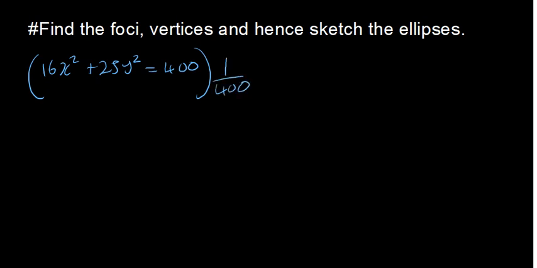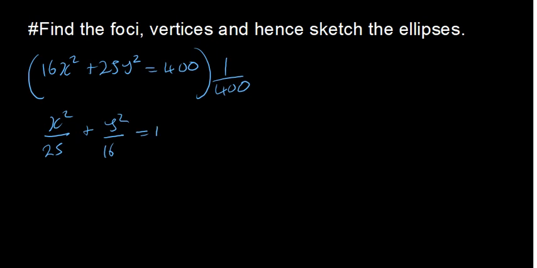This now gives us x squared divided by, how many times does 16 go into 400, which I believe is 25. Yes, it's 25, plus y squared divided by 25 divided by 400, which is 16. This is equal to 1.